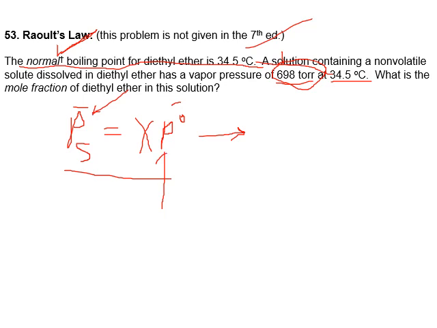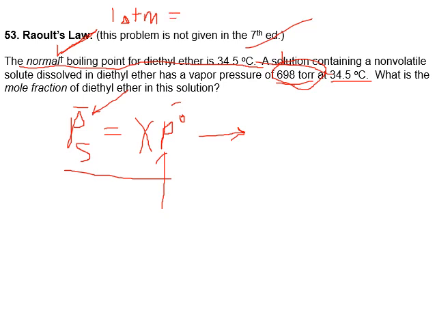So if you divide 698 by 1 atmosphere converted to torr, which is 760, so normal boiling point means 1 atmosphere. In other words, like in Houston, the normal boiling point would be 100 degrees for water, because we're at 1 atmosphere. That's supposed to be an ATM, which equals 760 torr.